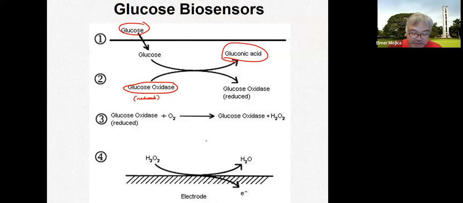And usually a mediator would replace the oxygen, accepting the electron and passing it into the electrode, and that generates current. So that means the more glucose that you have, the higher the current. So that's the principle that you have in a glucose biosensor.